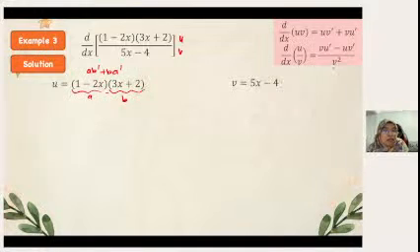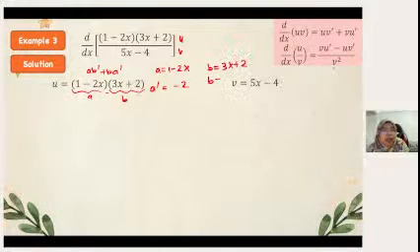So we just change the formula to become a and b. So if you don't want a and b, you can also use c and d, m, n, l, k, whatever. Okay, so now a is equal to 1 minus 2x. So that means a prime will become negative 2. B is equal to 3x plus 2.